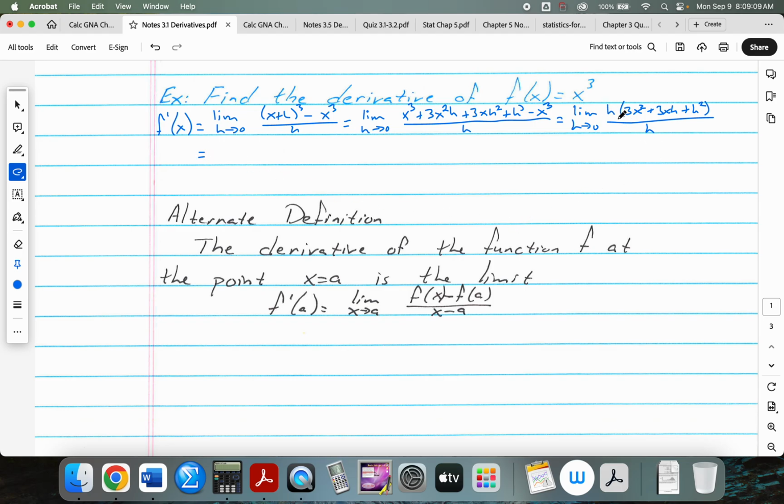Dividing the h's out, we have the limit as h goes to 0 of 3x squared plus 3xh plus h squared. As h goes to 0, the first term is unaffected, but the second two terms both go to 0. So we get 3x squared.